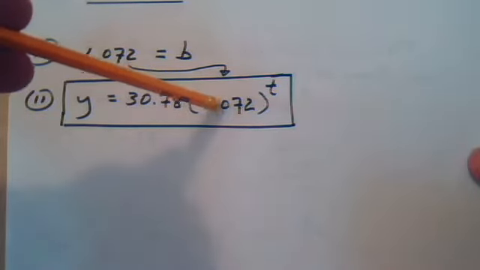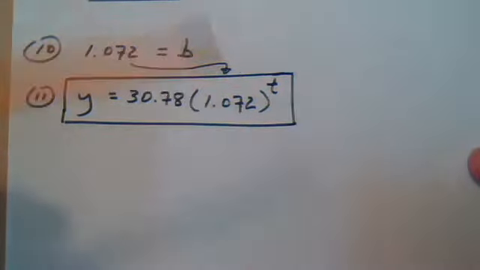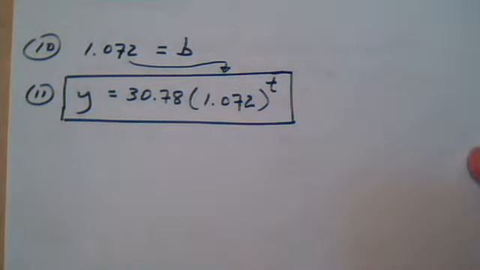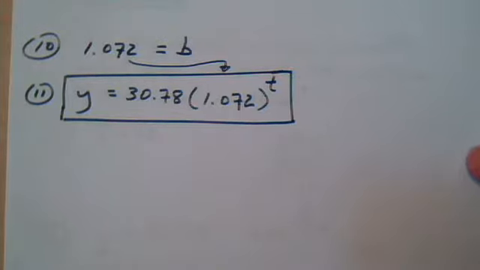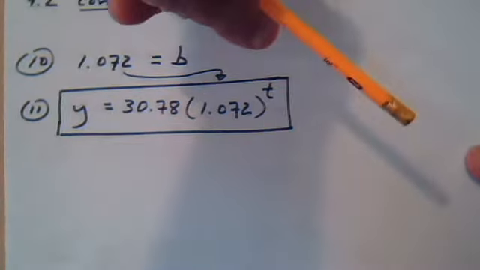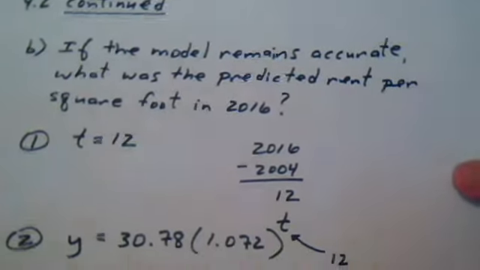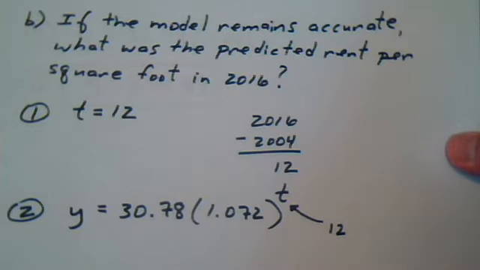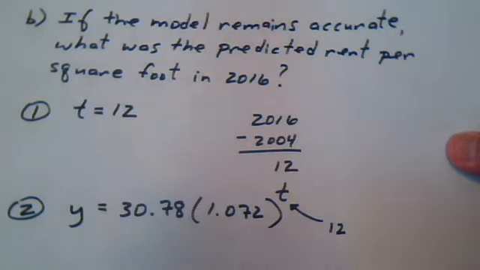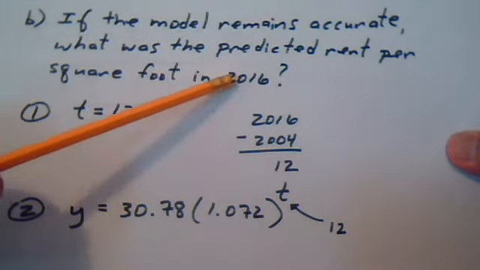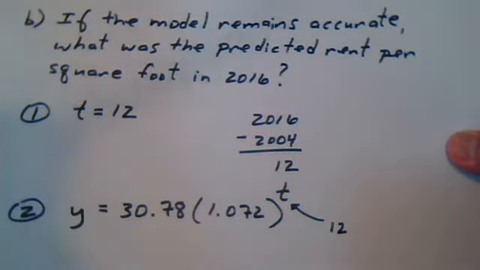So now replace the B with the number it represents, and this is the one we call the model, the equation that was produced with this data. So that's part A. In part B, they ask us if the model, that means the equation, remains accurate, what was the predicted rent per square foot in the year 2016?